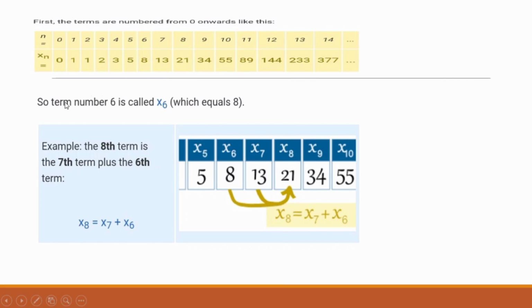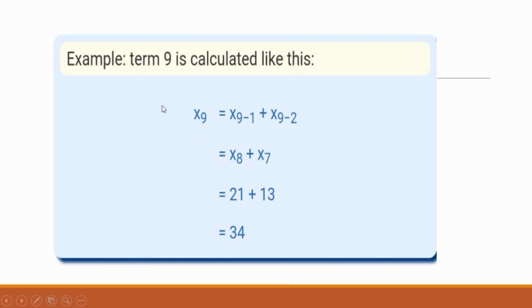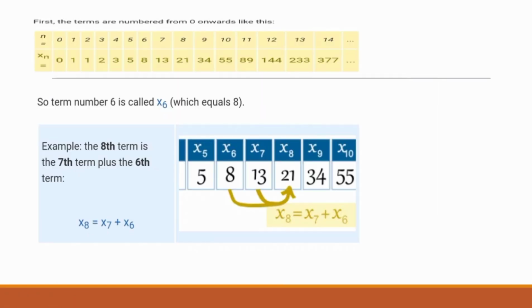So, term number 6 is called x sub 6. Ito yung ating number 6. So, this x sub n is x sub 6, which is equals to 8.